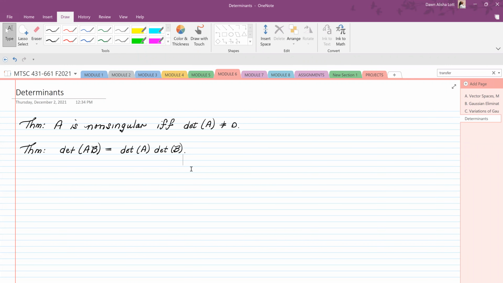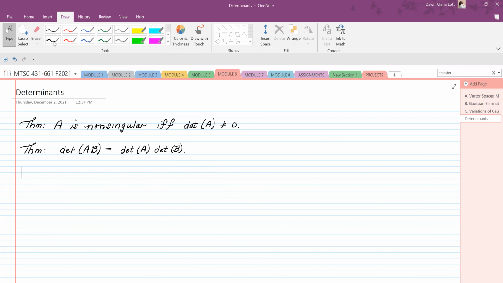So from that, we can get that the determinant of A times A inverse is the determinant of A times the determinant of A inverse. I don't know why I did that to myself.